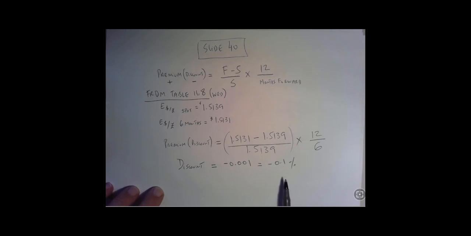So the forward contract at 6 months is selling at a discount of 0.1%. If it was positive, we would say the forward contract at 6 months is selling at a premium of plus 0.1%. So that's a simple formula to assess if the forward contract is selling at a premium or a discount.